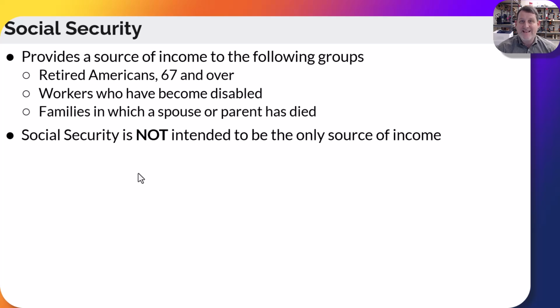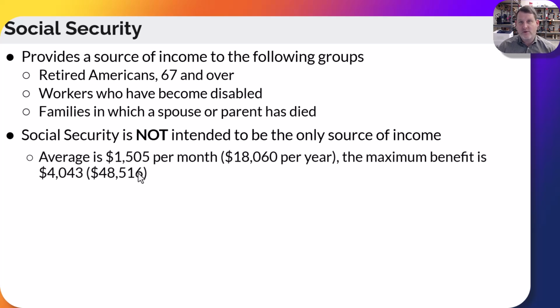Social Security is not intended to be the only source of income in retirement. Some people think, I have Social Security, so I'm fine. It's not enough. The average amount, that's the median person, takes $1,500 a month, just $18,000 a year in Social Security.